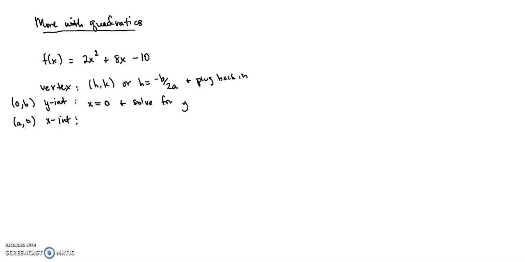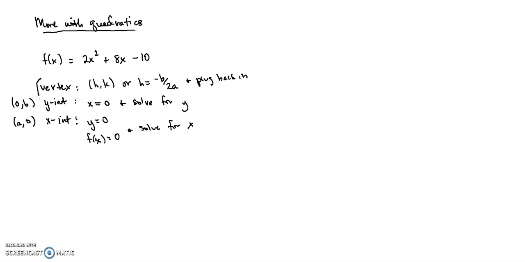And then for the x-intercept, we plug in 0 for y, or f of x, same thing, and solve for x. That was way back at the start of the semester. We haven't really come back to them in a while, but they are pretty important stuff in math.